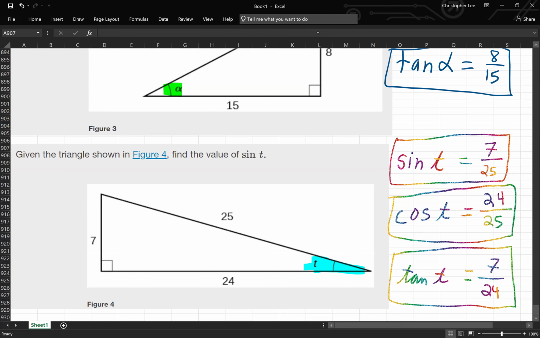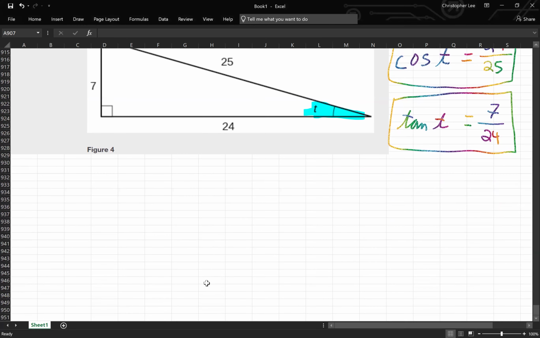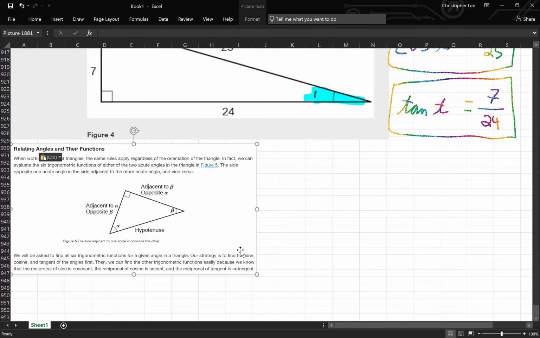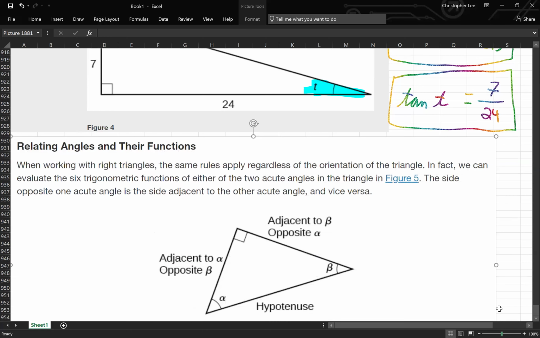All right. Let's keep it moving. So I did mention earlier that there were two angles. Let's elaborate on that just a little bit. Relating angles and their functions.